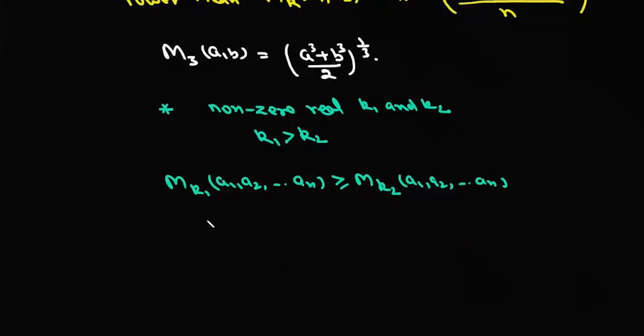So if we have three positive real numbers a, b and c, then we know that 3 is greater than 2 and it is greater than 1.